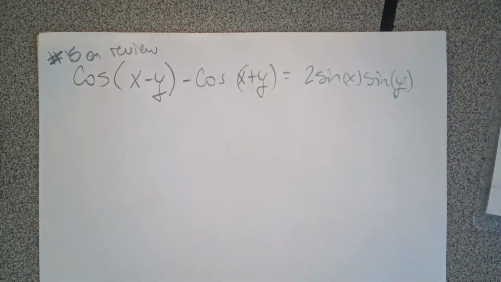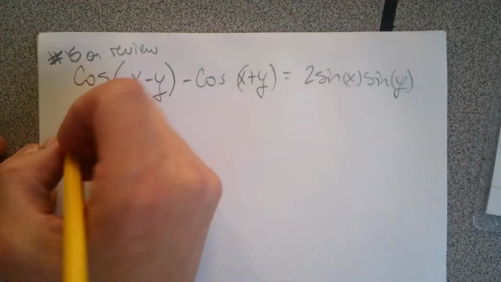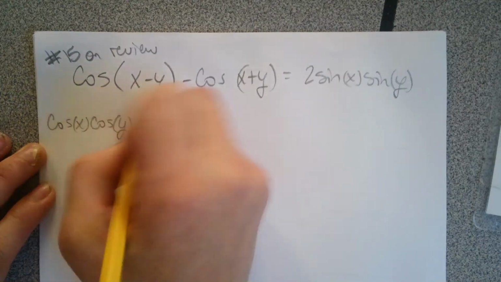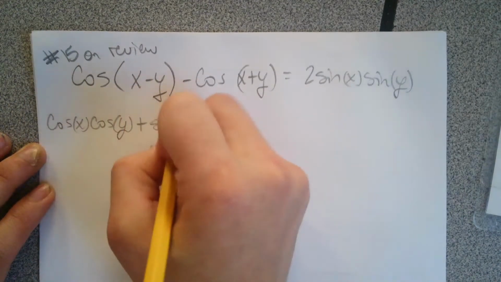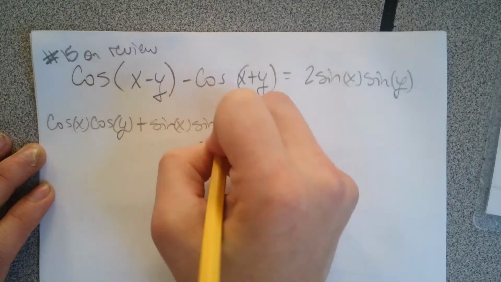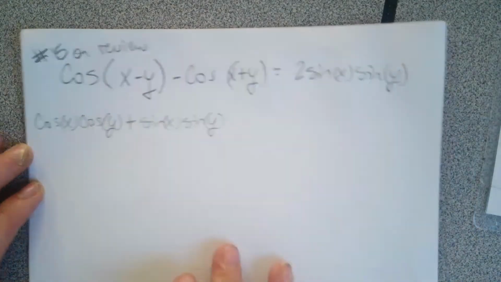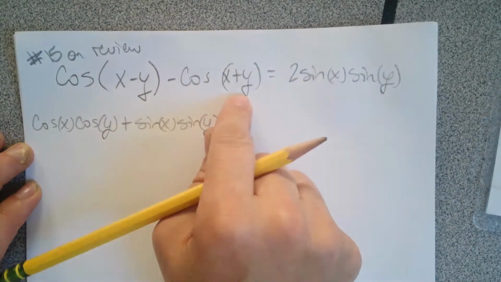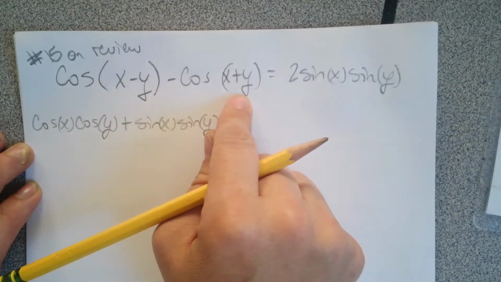So cosine of x minus y, the difference identity for cosine says cosine x, cosine y, plus sine x, sine y, and then minus all of the expansion of cosine of x plus y, right?